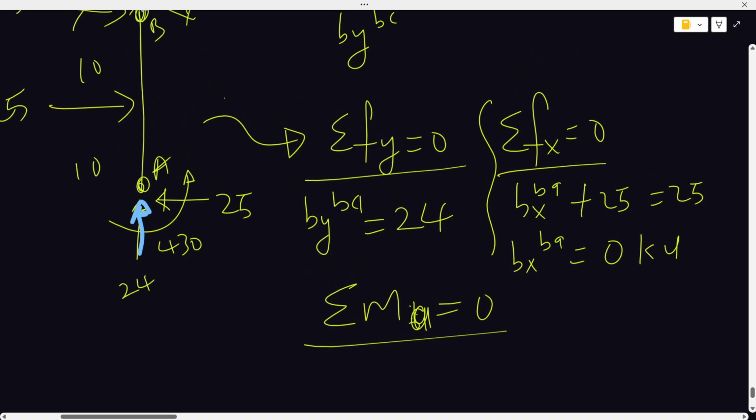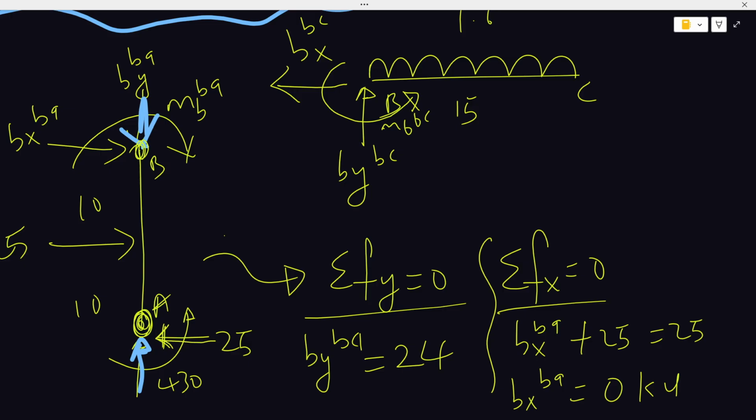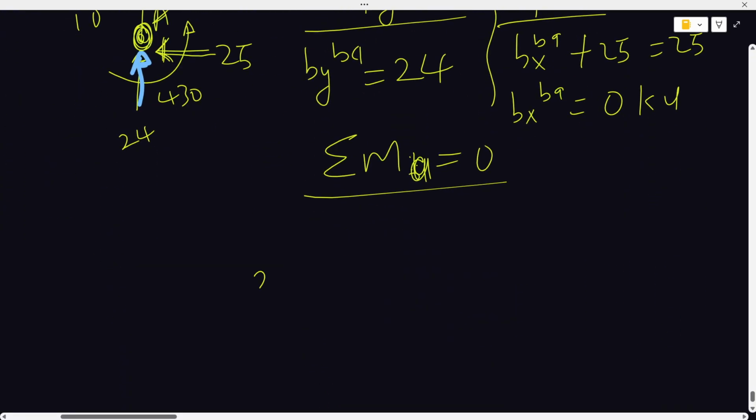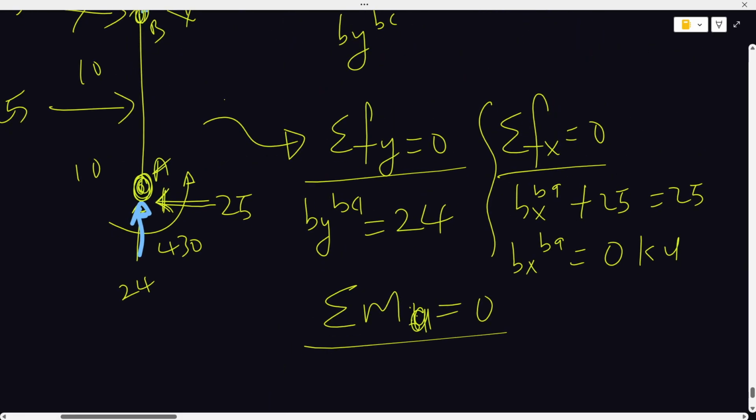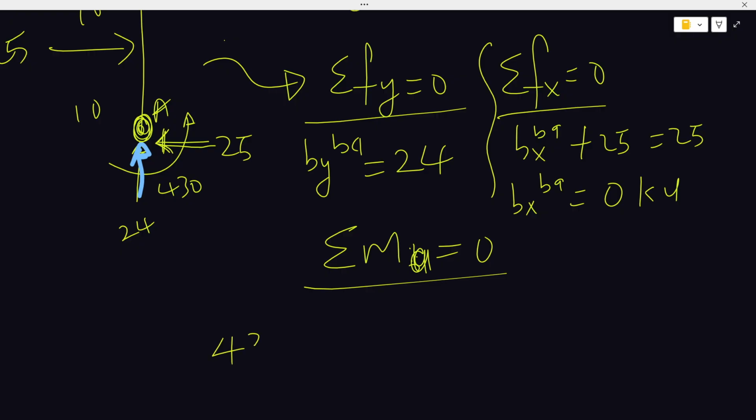If finding my moment at A, I will assume a ball is here. Then 25 would give it an anti-clockwise rotation. 25 can't affect it because there's no distance. So the only thing at A that can affect it is that moment, which will give it an anti-clockwise rotation, 430.